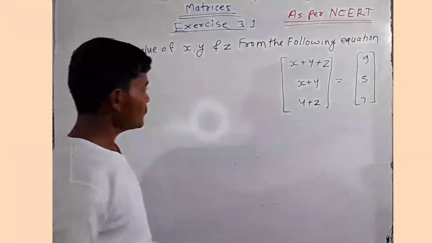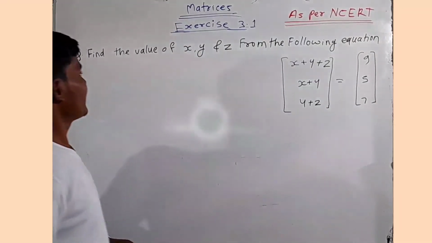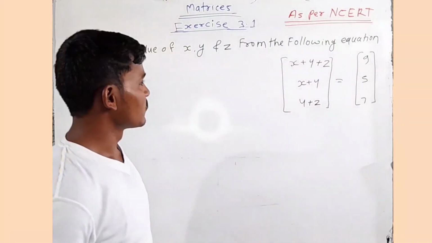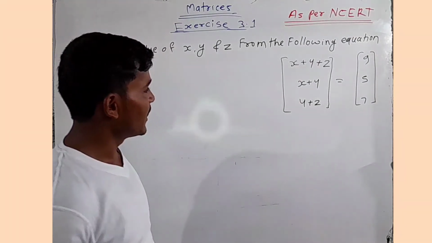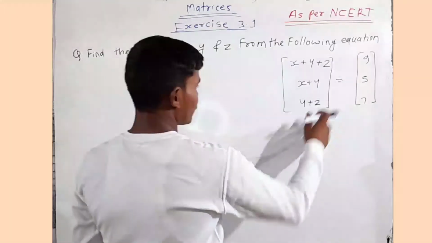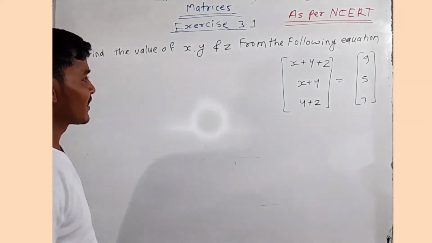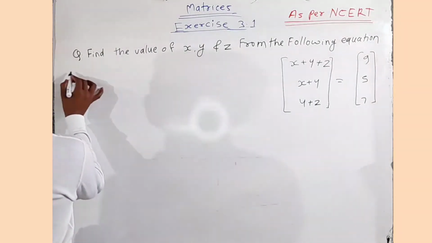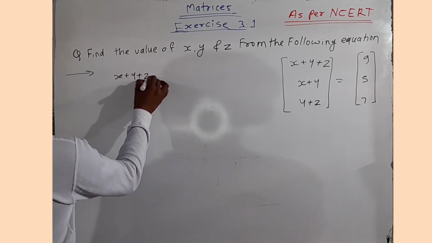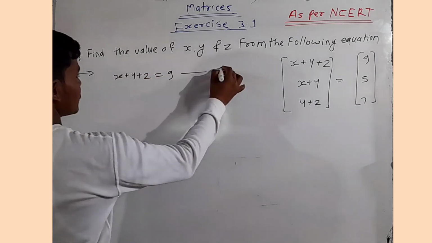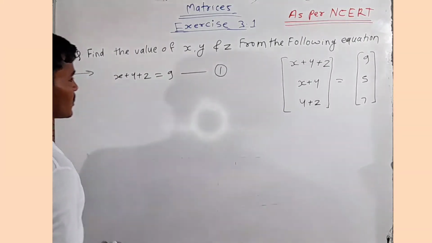Now find the value of x, y and z from the following equation. By the equality we can write this as x plus y plus z equals 9. This is equation number first.